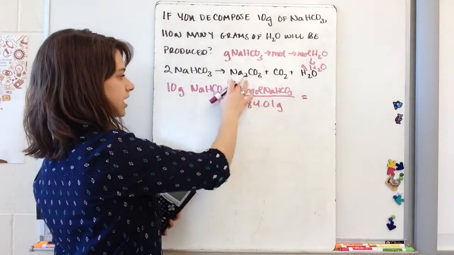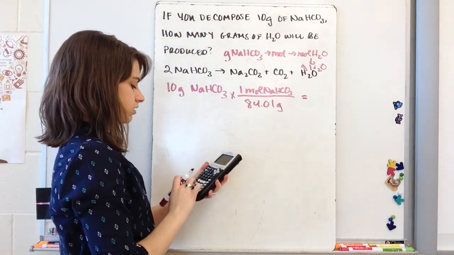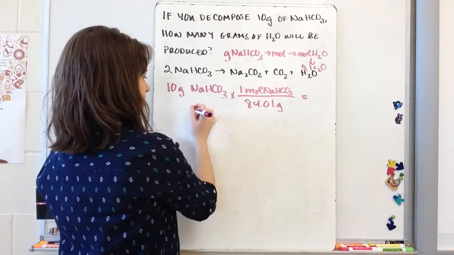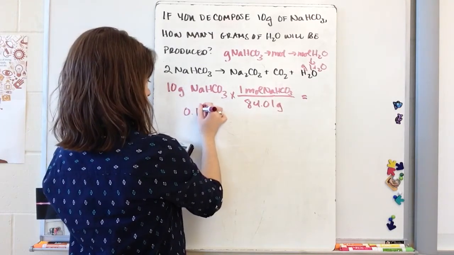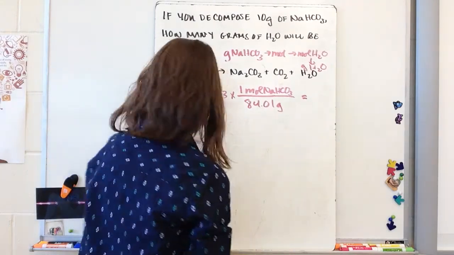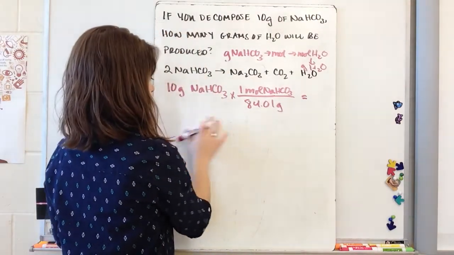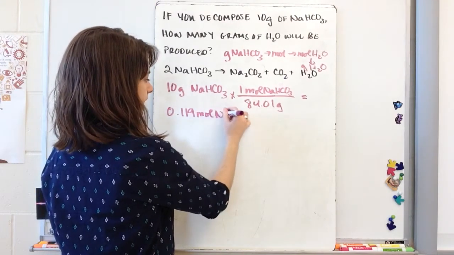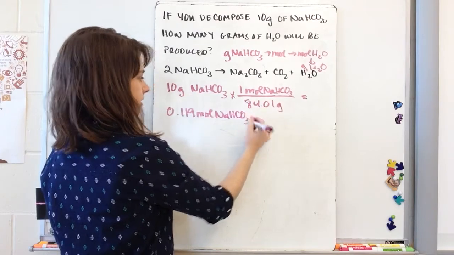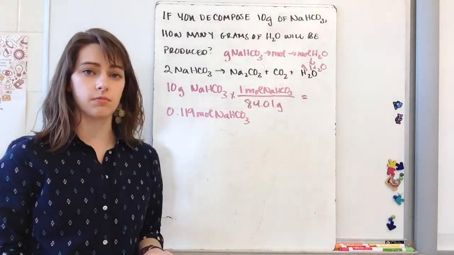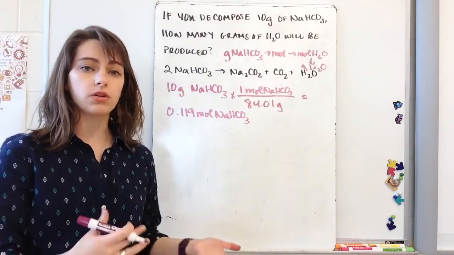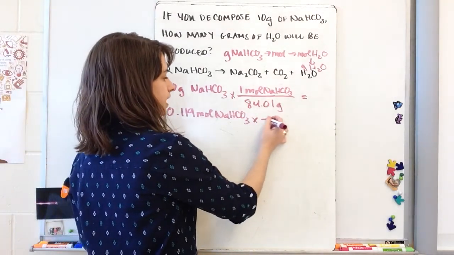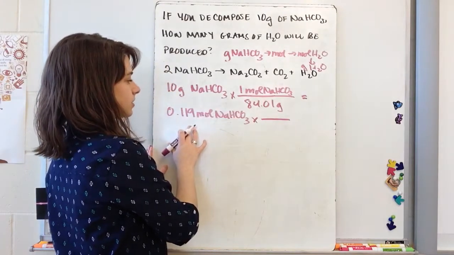So now if I do 10 times 1 divided by 84, I get 0.119 moles of NaHCO3. Now that I have that in moles, now I can compare moles of sodium bicarbonate to moles of water. And to do that, I'm going to look at my coefficients in my balanced chemical reaction.